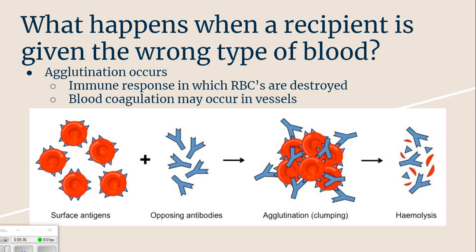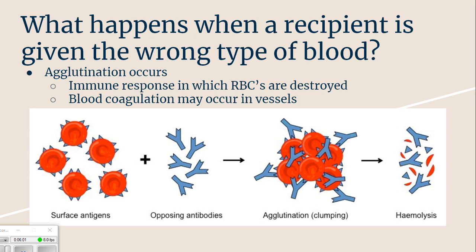So what happens when a recipient is given the wrong type of blood? Basically, a reaction occurs that is referred to as agglutination. So it's an immune response in which the red blood cells are destroyed, and you can get coagulation that may occur within blood vessels.